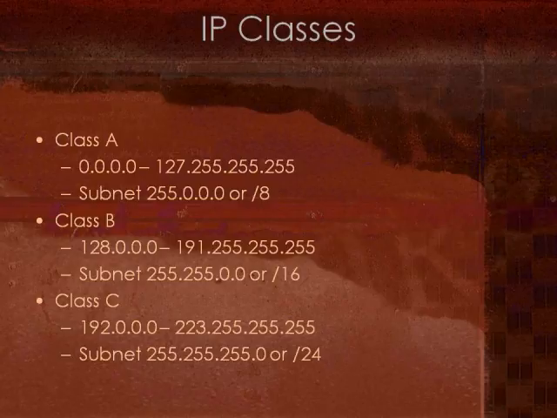The slash format for that is 16. And of course, in Class C the first 3 octets are the network address, and the last bits are the host addresses. The subnet mask for Class C is 255.255.255.0, or in slash format, 24.